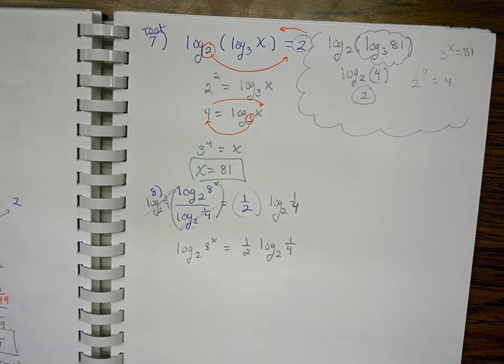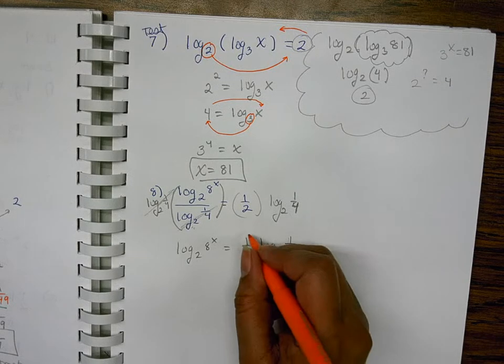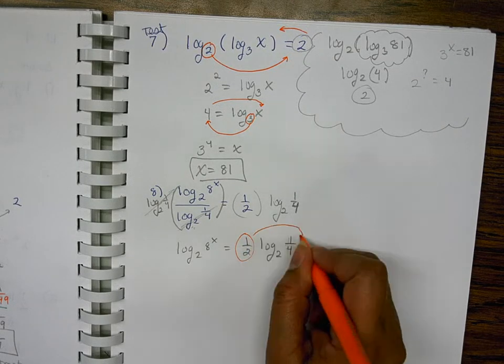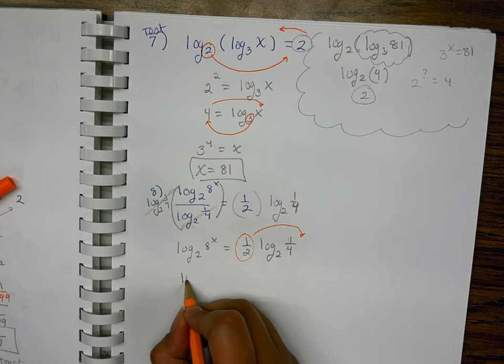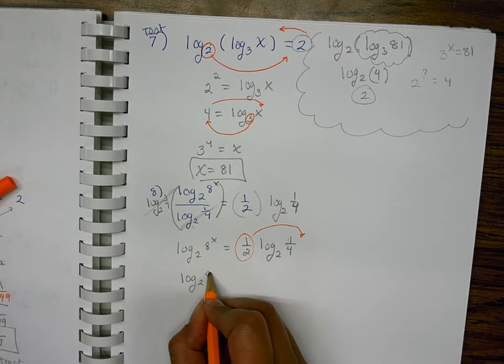we have to do something first. And what do we have to do first? Correct. Bring up the coefficient to my exponent.